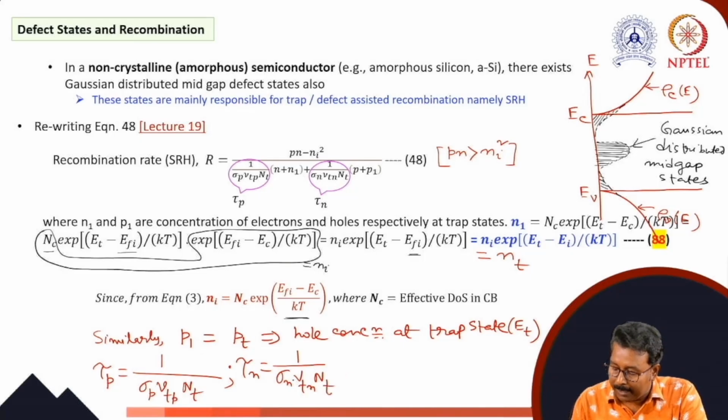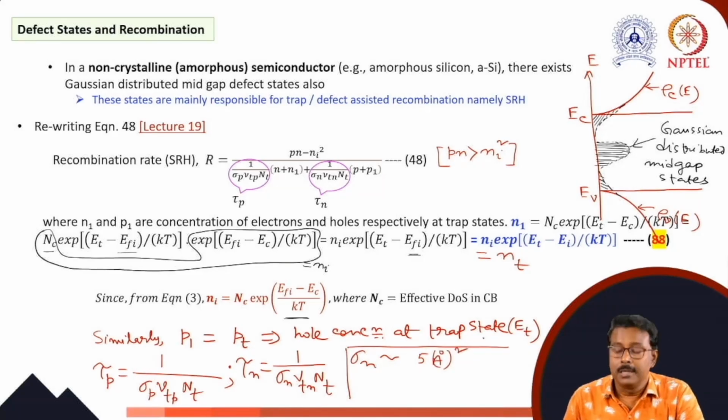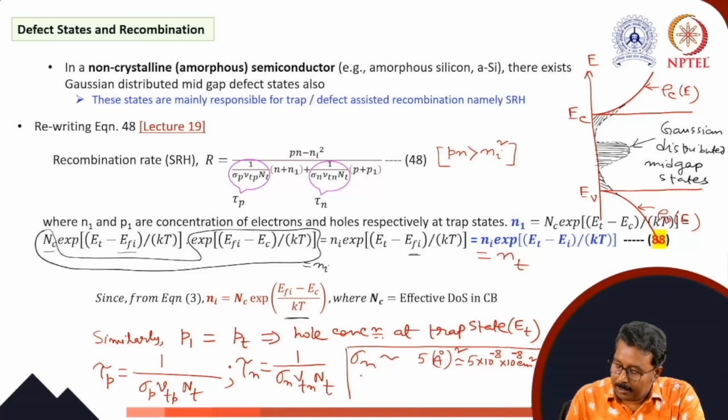Now what is the order of these values? The capture cross section, say sigma n, is in the order of say 5 angstrom square. Angstrom square means 5 into 10 to the power minus 8 into 10 to the power minus 8 centimeter square. And thermal velocity Vtn is in the order of 10 to the power 5 meter per second.